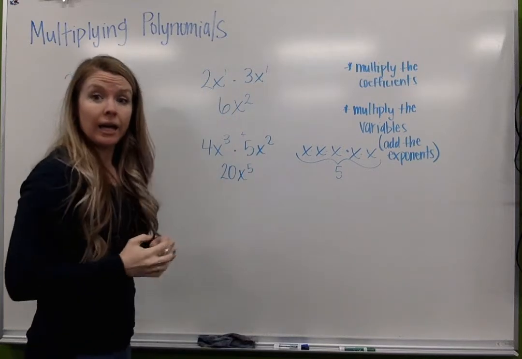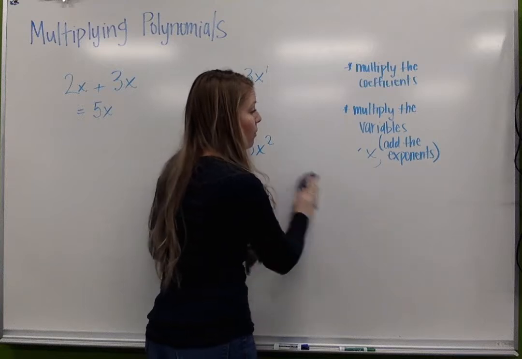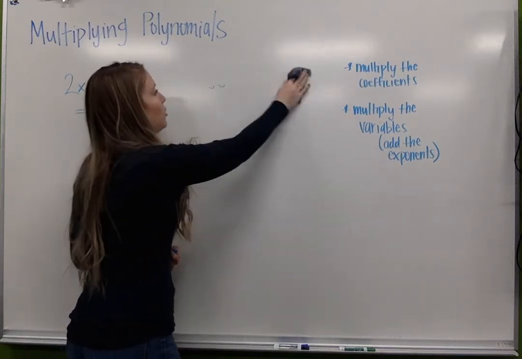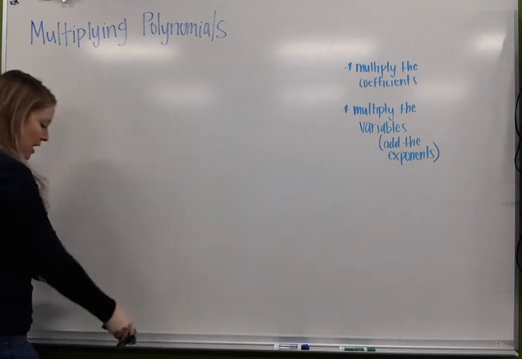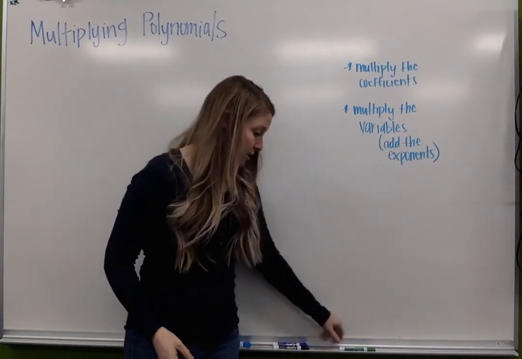All right, right now, those are our rules for multiplying variables. We just did a monomial times a monomial. All you have to do is multiply the coefficients together and then multiply the variables together by adding the exponents.